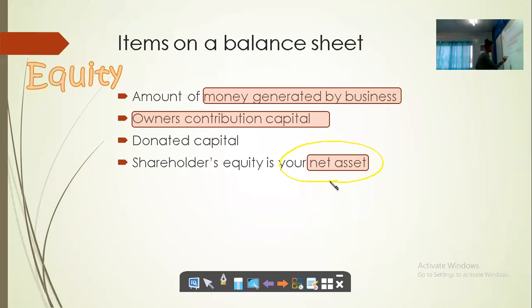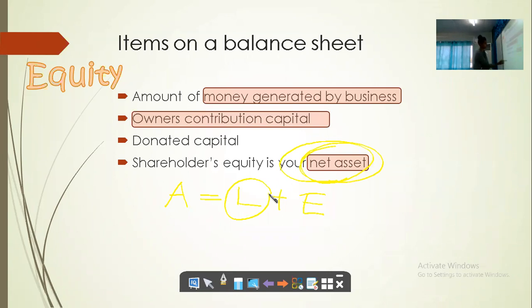You remember the equation that we went through in class? Assets equals what? Liabilities plus equity. So equity can be seen as a net asset that is left after you have deducted all your debts, all your expenses.